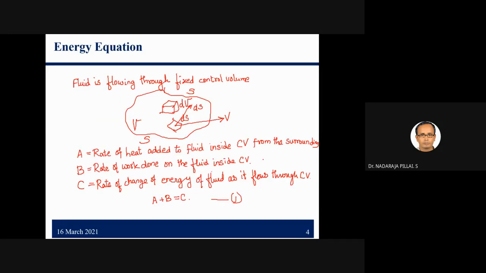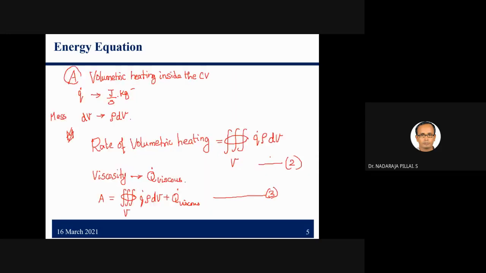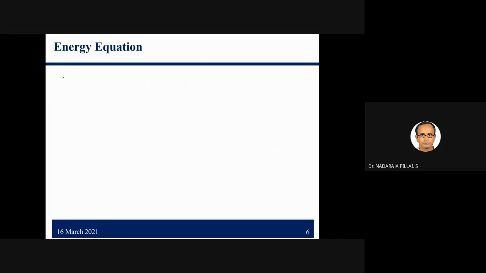Now the rate of work done, that is the second point, right? So let us discuss the second point, rate of work done. We know that at a time t, let us say I have one particular body.